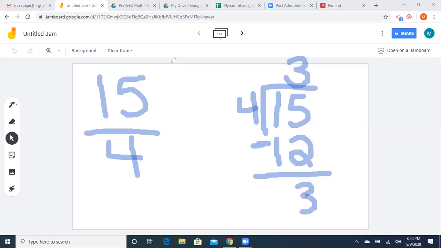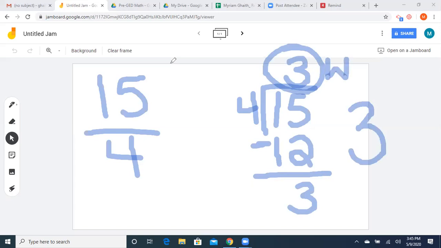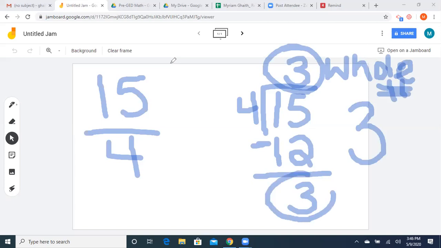Very good. Remember, this number at the top becomes what? The whole number. Okay, the whole number. And this number down here, the remaining 3, becomes what?